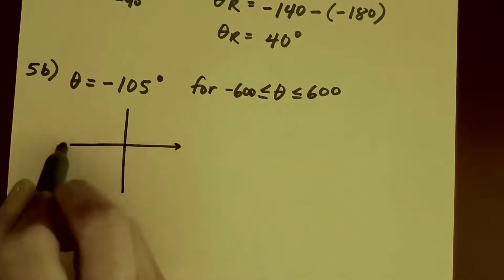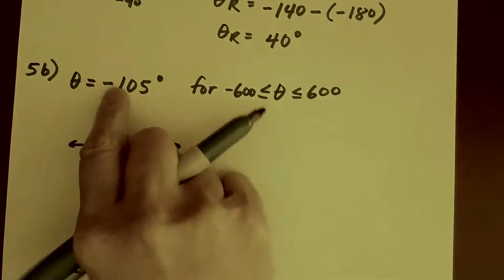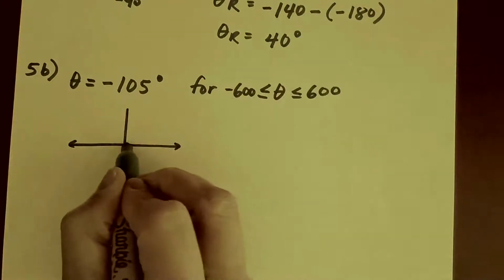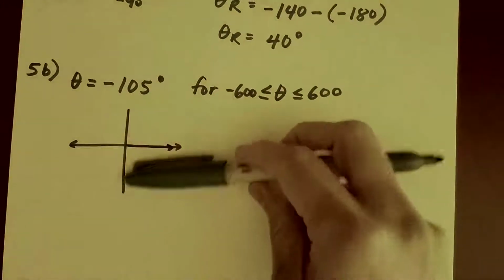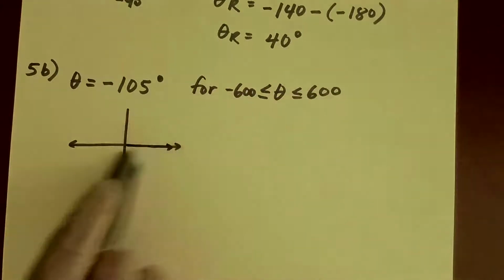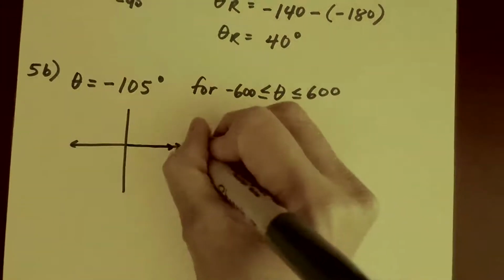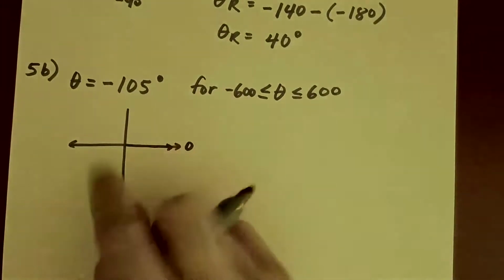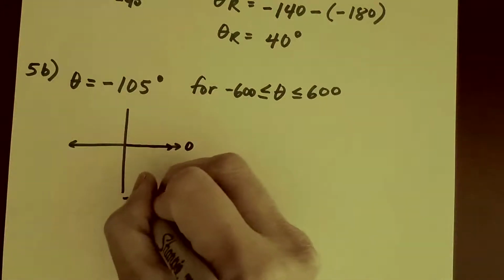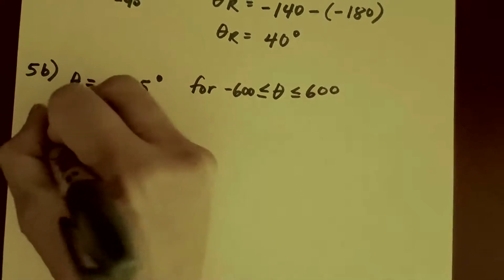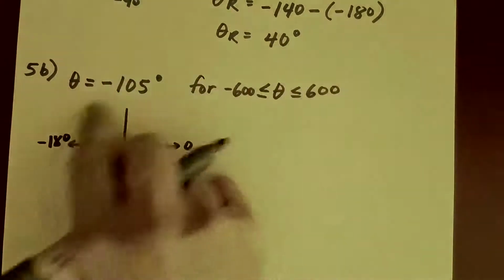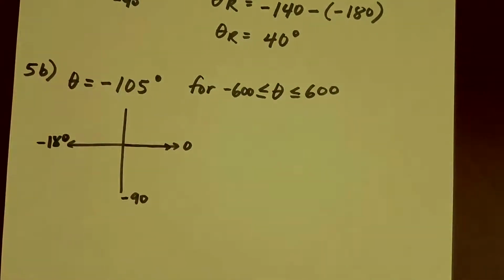This one is a negative angle, so we start at the positive x-axis right here, and then we turn clockwise. This is 0, and turning clockwise is turning in a negative way. So this is negative 90, this is negative 180, and this will appear as negative 270.